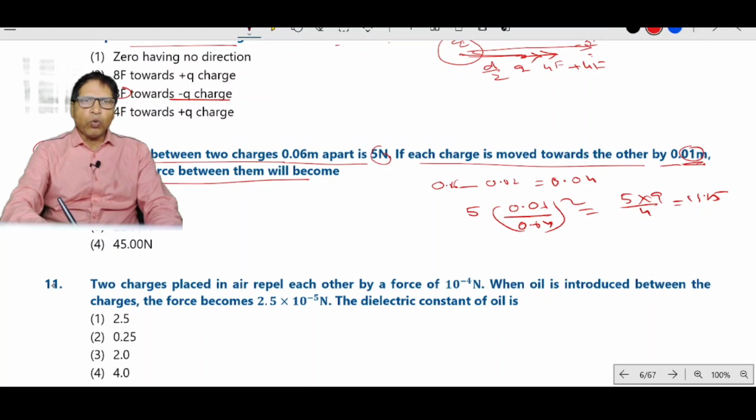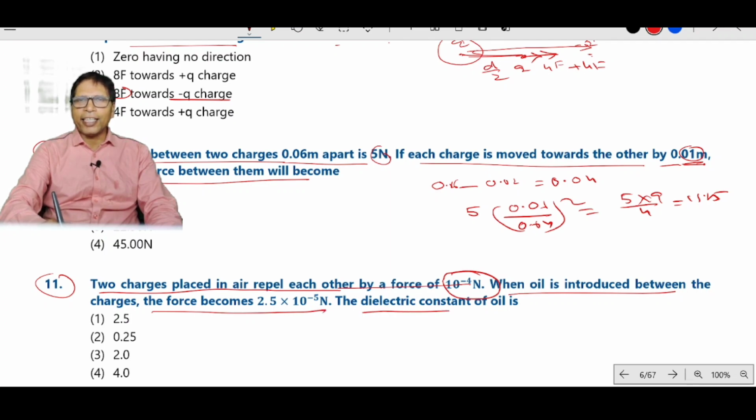Now question number 11. Two charges placed in air repel each other by a force of 10 to the power minus 4 Newton. When oil is introduced between the charges, the force becomes 10 to the power minus 5 Newton. Find the dielectric constant.